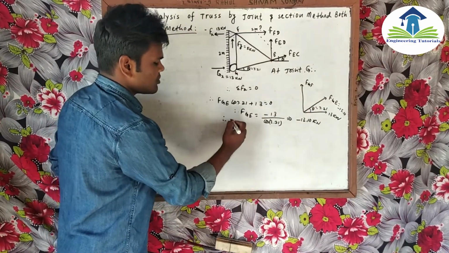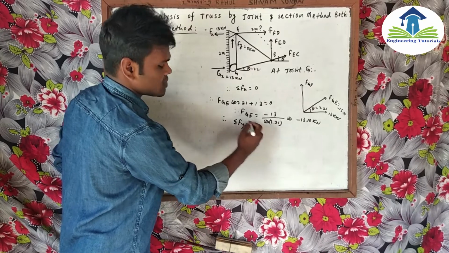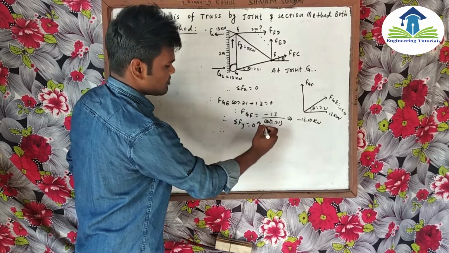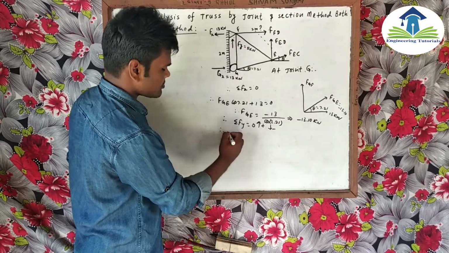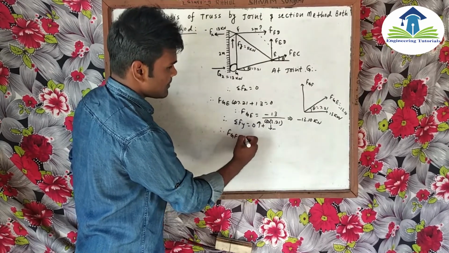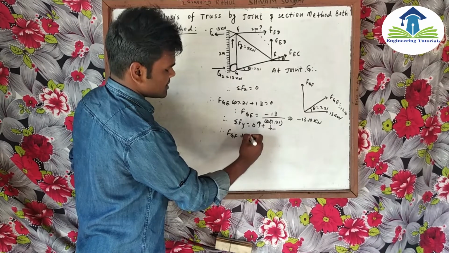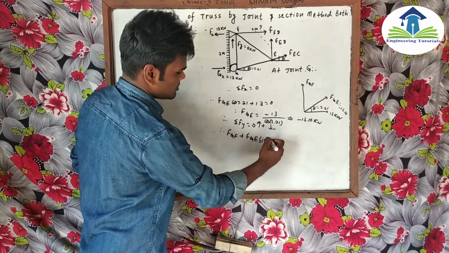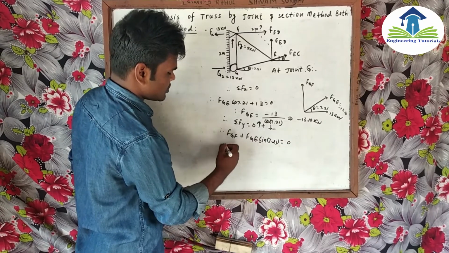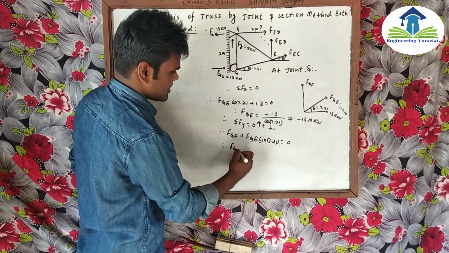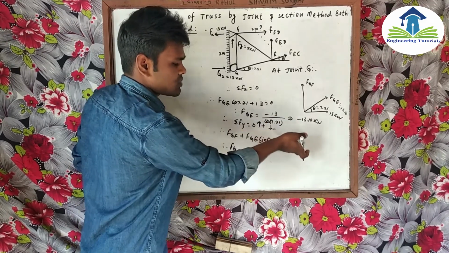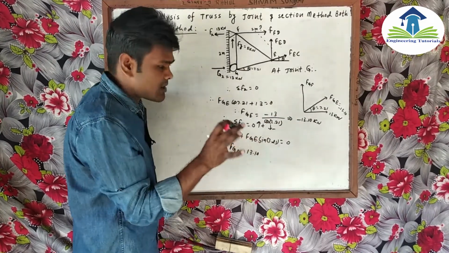Then we do the summation of vertical forces Fy equal to 0, upward force positive, downward force negative. So FGF plus FGE sin 7.21 is equal to 0. So FGF is equal to minus FGE sin 7.21.